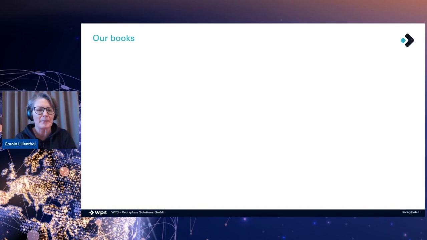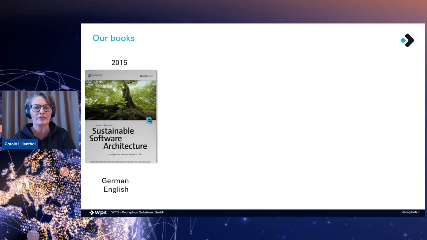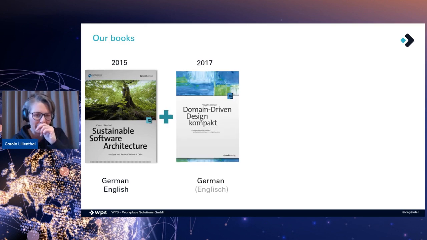Based on this experience, we eventually combined our knowledge in several books. The first one was on sustainable software architecture, in which I explained how to analyze, reduce, and avoid technical debt to get a sustainable software architecture. After that, my colleague Henning Schwentner and I translated the English book Domain-Driven Design Distilled by Vaughn Vernon into German.